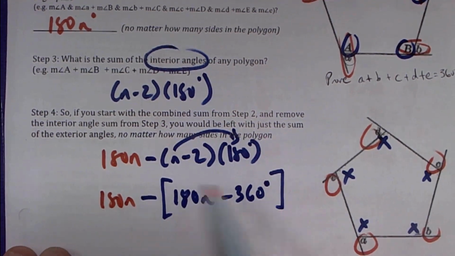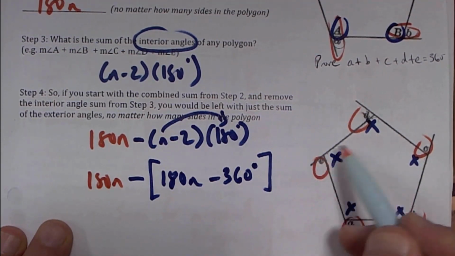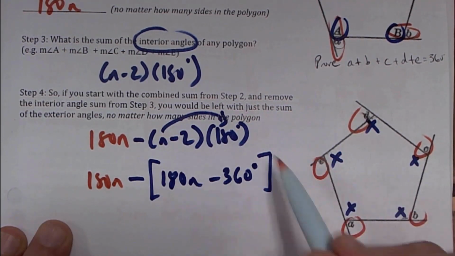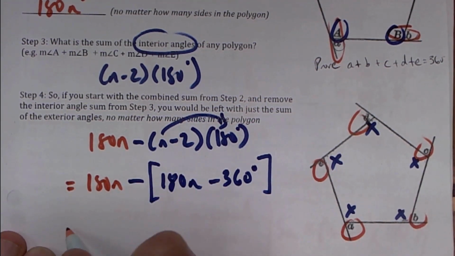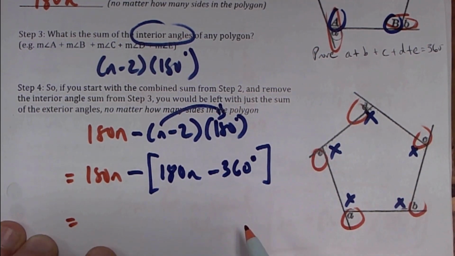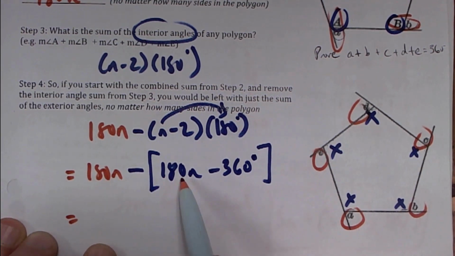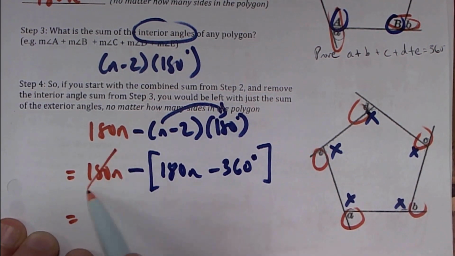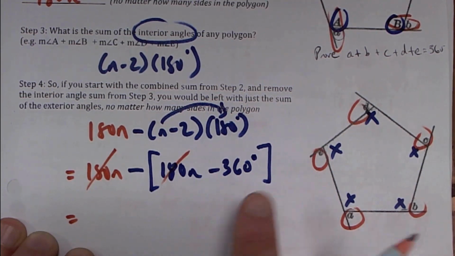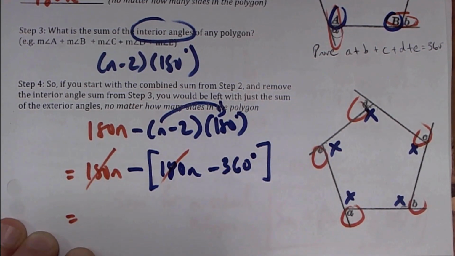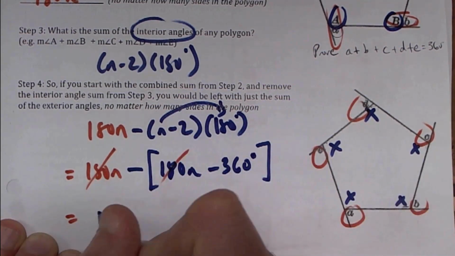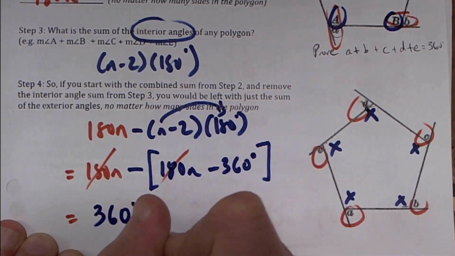So this is taking all the pairs, subtracting out the interior angles, and this should be what I'm left with: the exterior angles. But if you look, what am I left with? I'm left with 180n minus 180n. What is 180n minus 180n? It's just nothing. So I'm left with negative 360. But remember, you distribute this negative. A negative times a negative leaves you with a positive. So you are left with positive 360.